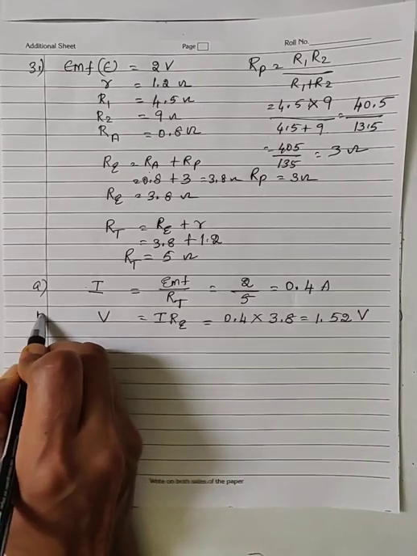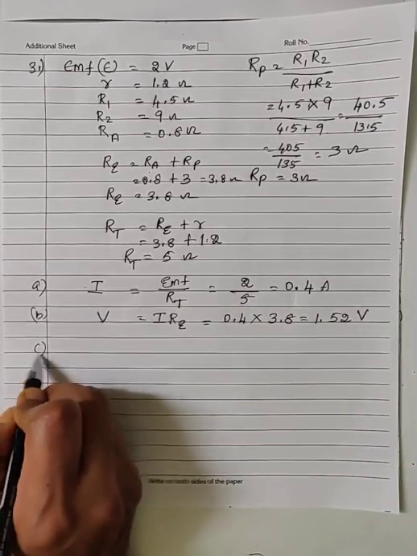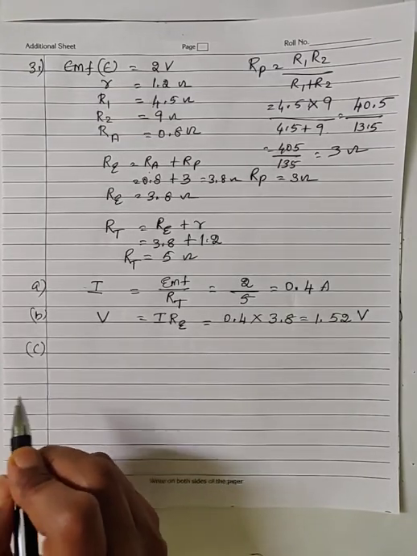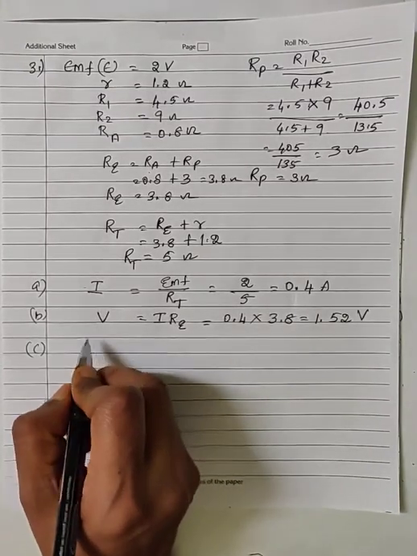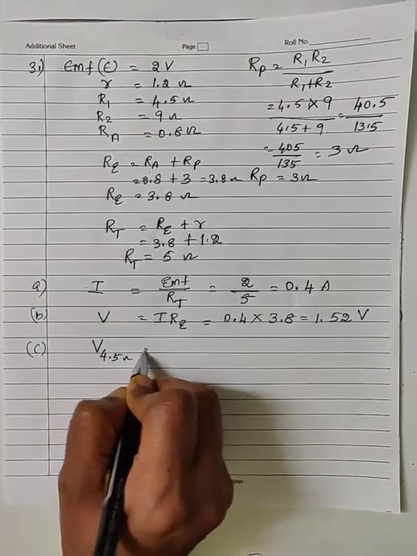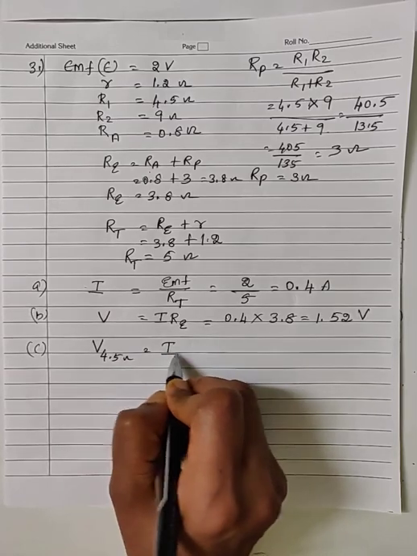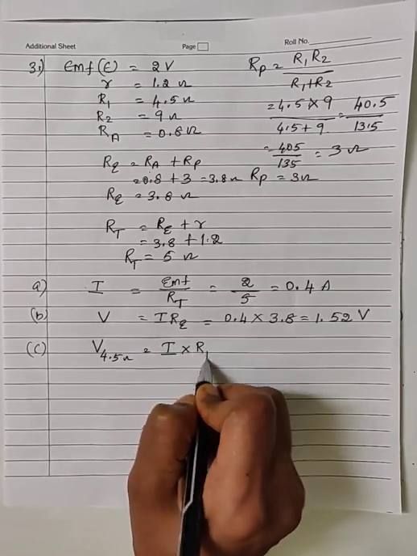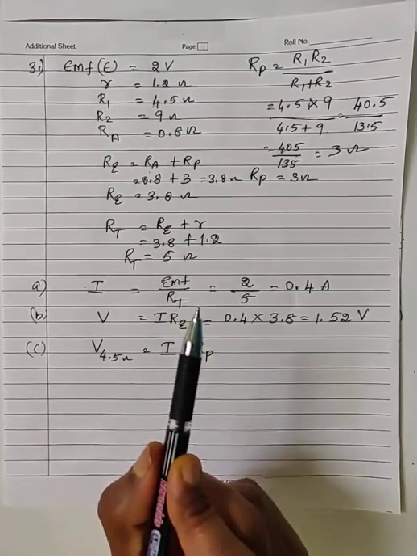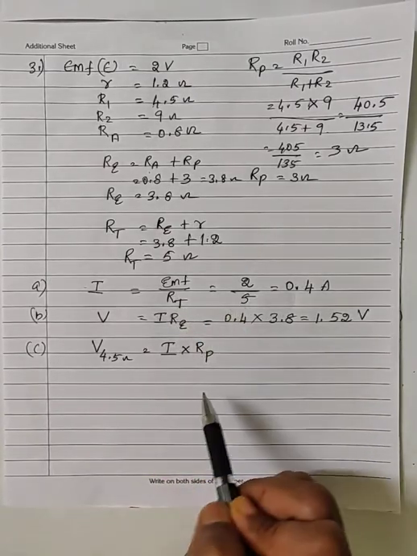Next one. This is the C part of the question, they ask you to calculate the potential difference across the 4.5 ohm resistor. So potential difference across the 4.5 ohm resistor is equal to current drawn from the cell multiplied by the effective value of the parallel combination. Because in parallel combination, the current flowing through each resistor will be different.